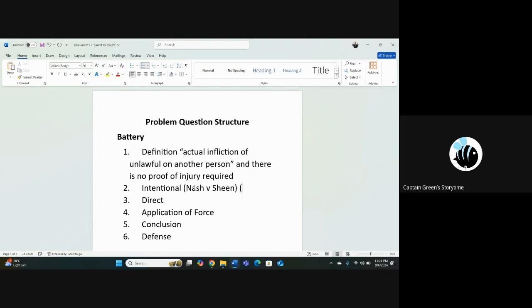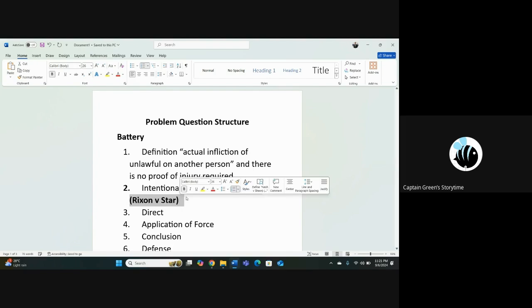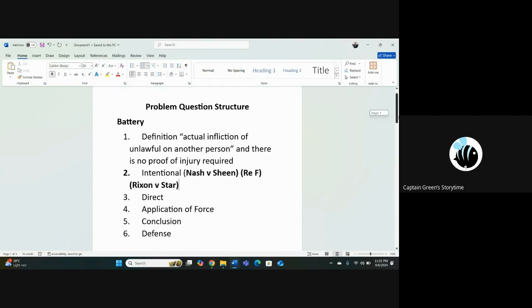I also stated a case in the last lecture, which is the Wilson case. Also use the case of Fritz. Note down these cases. These cases are present in the book and also in the lecture 1 slides. These are the three most important cases for battery, proving the intentional element of battery.